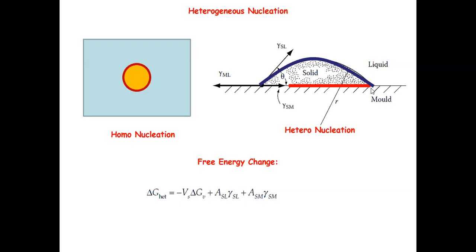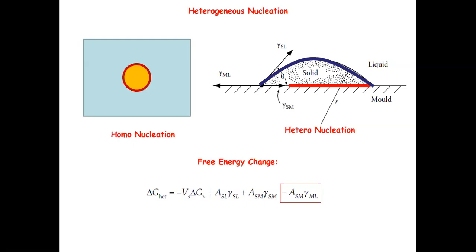But this red one is not, because even before a solid formed here, you already had an interface between liquid and mold. So you compare the energy for this part, you're not just comparing zero energy. You should compare the energy associated with this liquid and mold interface before you have the nucleus. So for that one, you have to take away the original interface energy in the system. So we have a new term here, right?